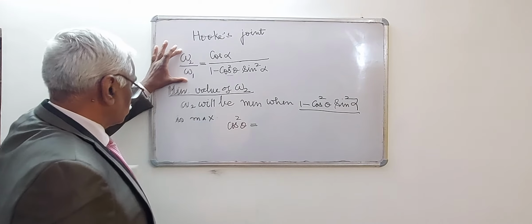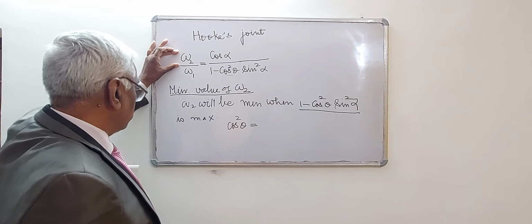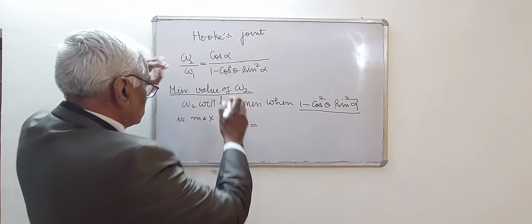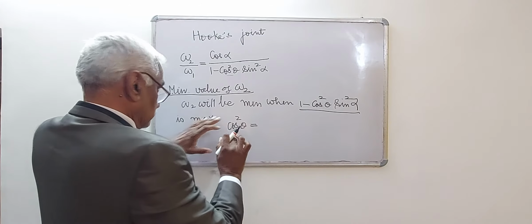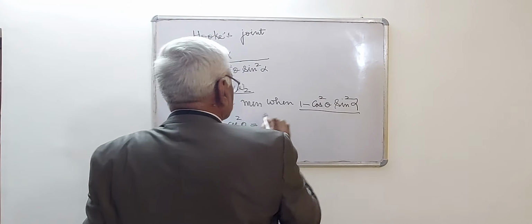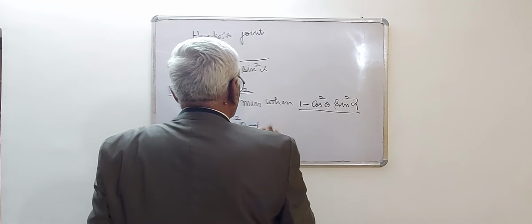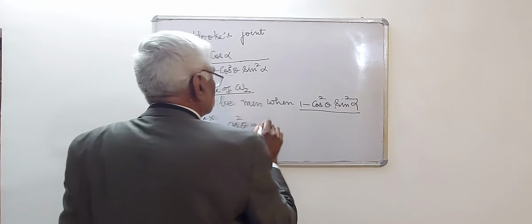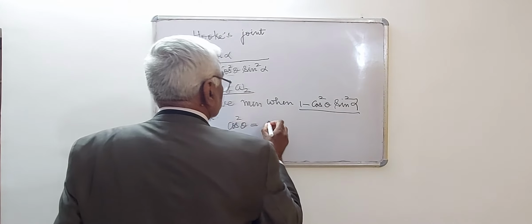Now again I'll go to this expression, omega 2 by omega 1. Omega 2 will be minimum when the denominator of this equation is maximum, and this term is maximum only when cos square theta is equal to 0.